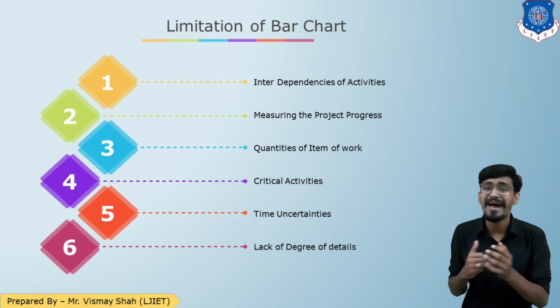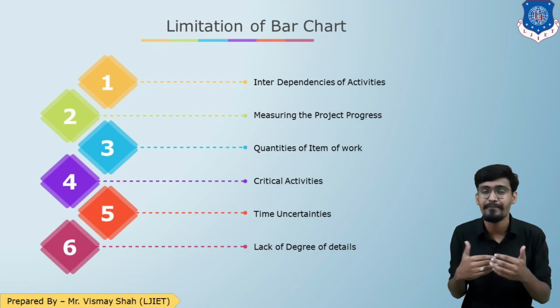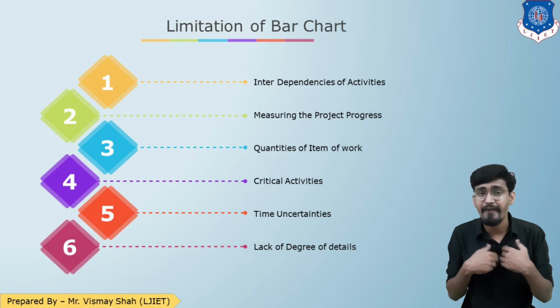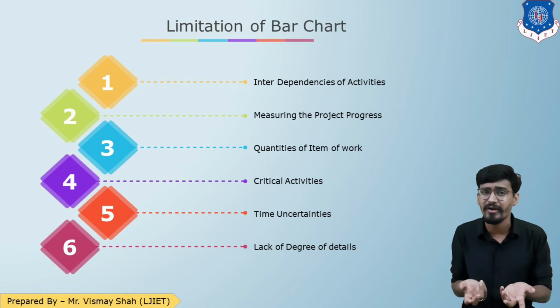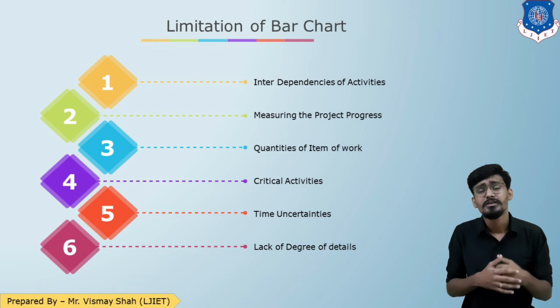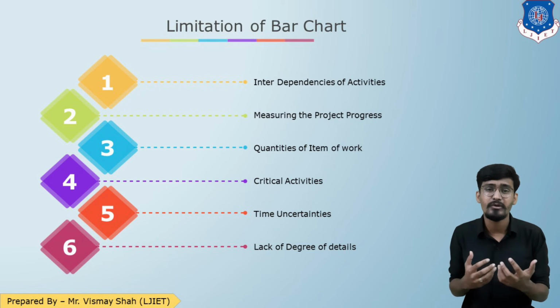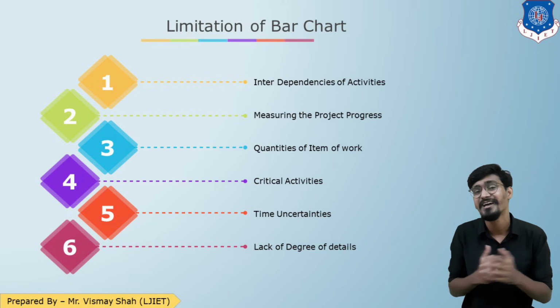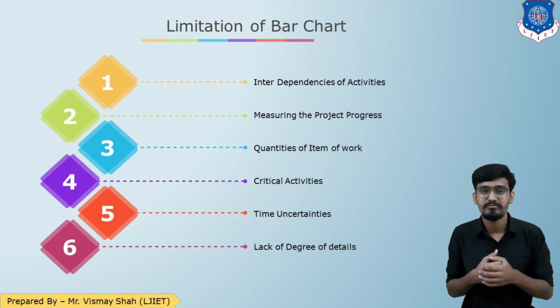For that, you have to prepare separate data or a separate quantity sheet. We have to keep an eye on the quantities as well, but the bar chart cannot represent them. So we have to manage two sets of data, the bar chart and the quantity. That is one of the challenges of using a bar chart.